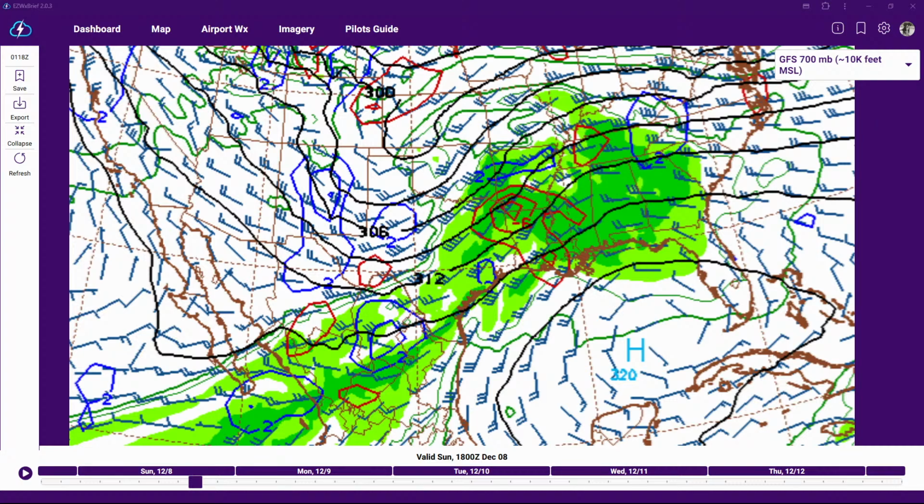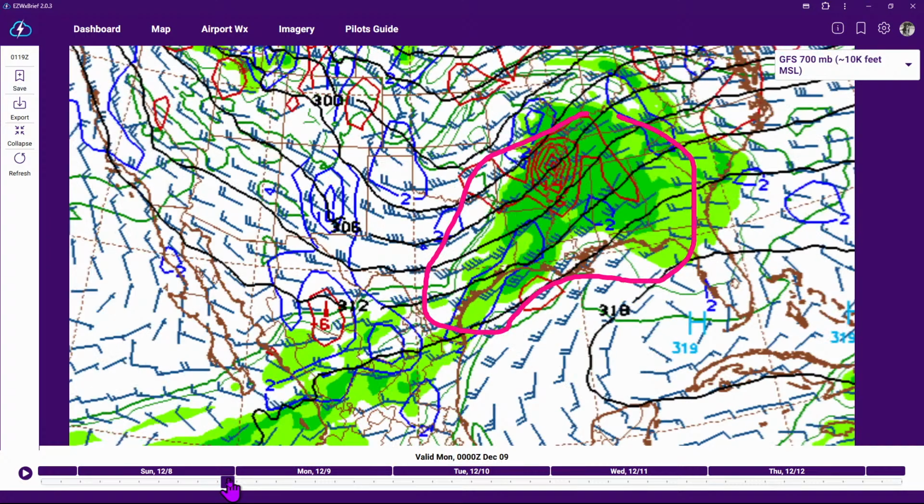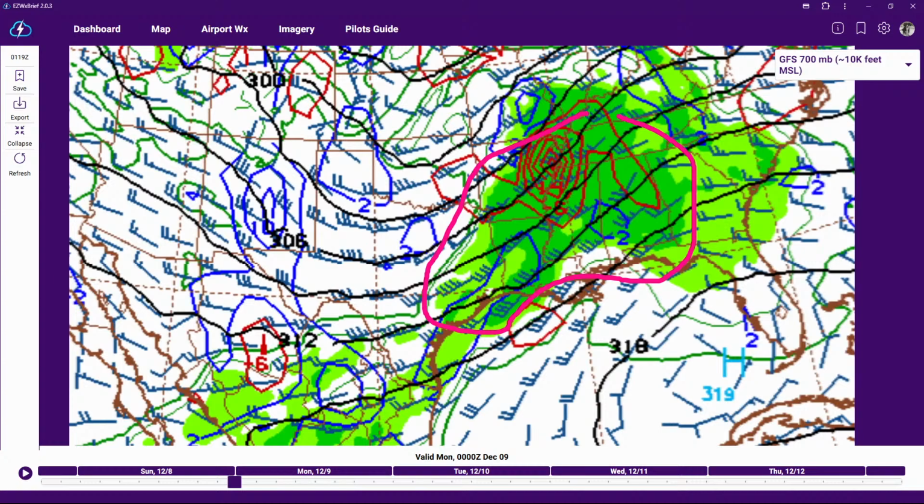In addition, you can see a lot of this green area, which is relative humidity, and the dark green areas are going to have a lot of moisture. So this has certainly got some moisture associated with it, and therefore we'd expect this to be a pretty significant weather system. If we move this through until 21Z and 0Z, you can see, wow, it starts to really crank up big time, where we have all those red concentric circles, which show a lot of large-scale ascent in that area.